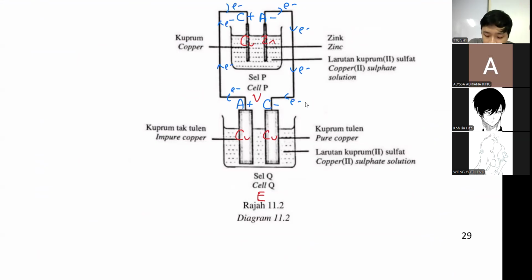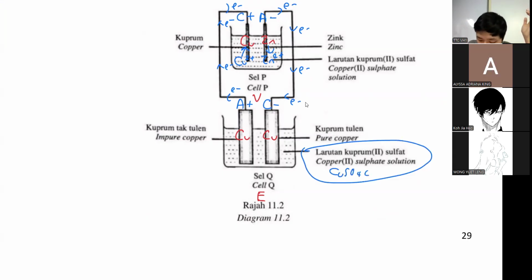Then you analyze: Zn dissolves and becomes Zn2 plus, literally the same thing I talked about just now. Cu2 plus becomes Cu. Then for this one you analyze the electrolyte, copper(II) sulfate solution.